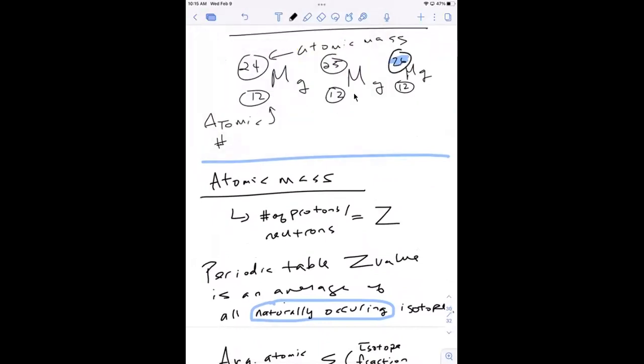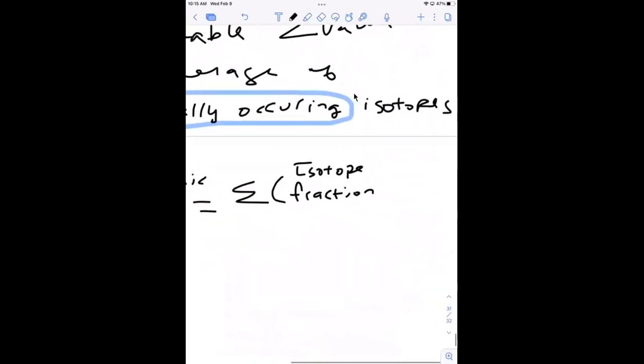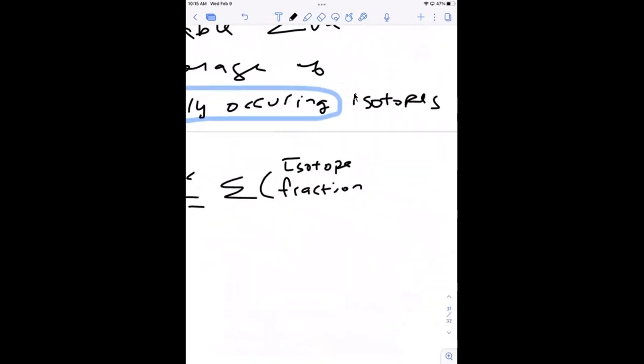So magnesium 26 has a specific percentage that it exists in naturally. 25 and 24 have percentages, but all the percentages have to add up to 100. So the isotope fraction is the abundance, what percentage, and that is multiplied by the mass.